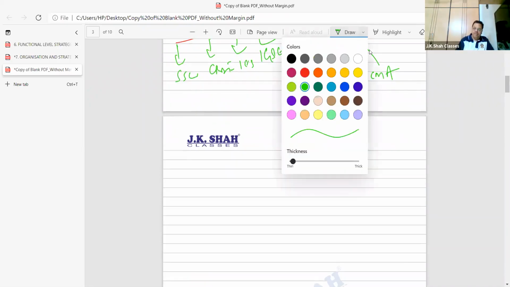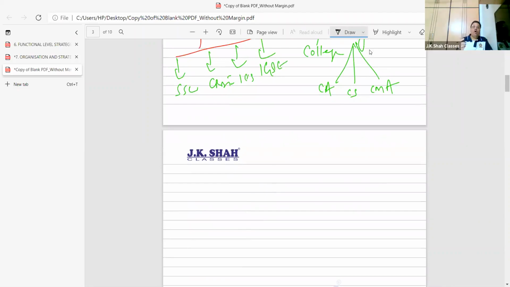One way of having divisional structure can be, listen please, on the basis of geographical area where you are doing your business activities. So it could be north, east, west, and south.